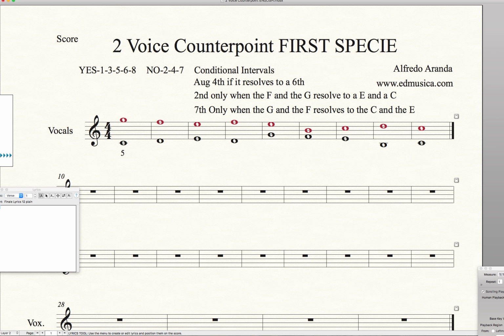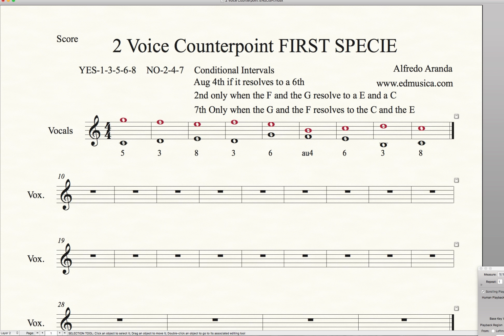From D to F it was a third, and then one octave, and then another third, and then a sixth, and then a D augmented fourth, and then the sixth, the third, and then finally the octave.